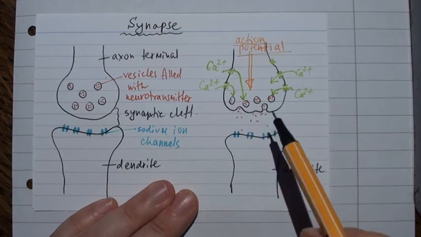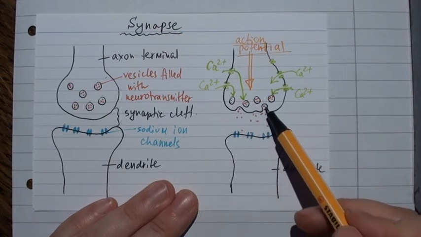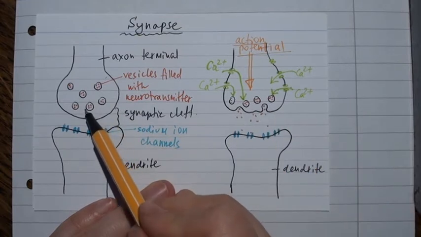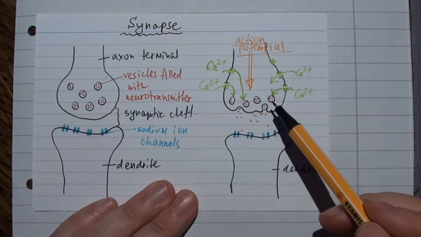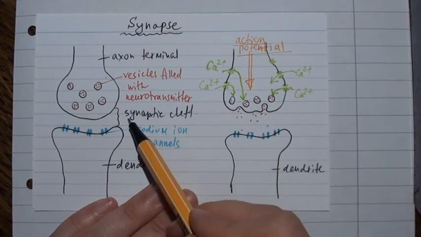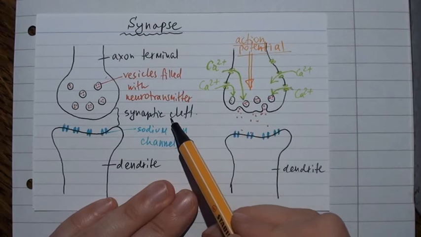So it's a bit like that. The neurotransmitter, which was initially trapped inside those vesicles, starts to come out into the gap, into the synaptic cleft.